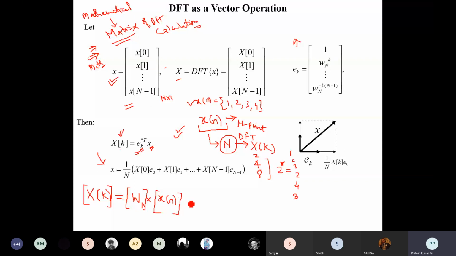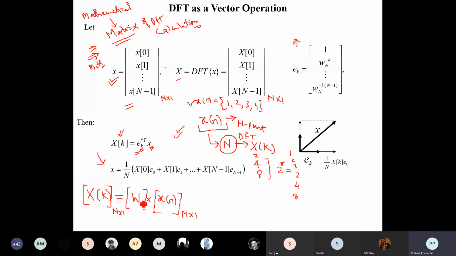Similarly, the result we get, x of k, will also be an n cross 1 matrix, because it will have one column and n number of rows. So the obtained DFT will be an n cross 1 matrix, and the input matrix is also n cross 1.